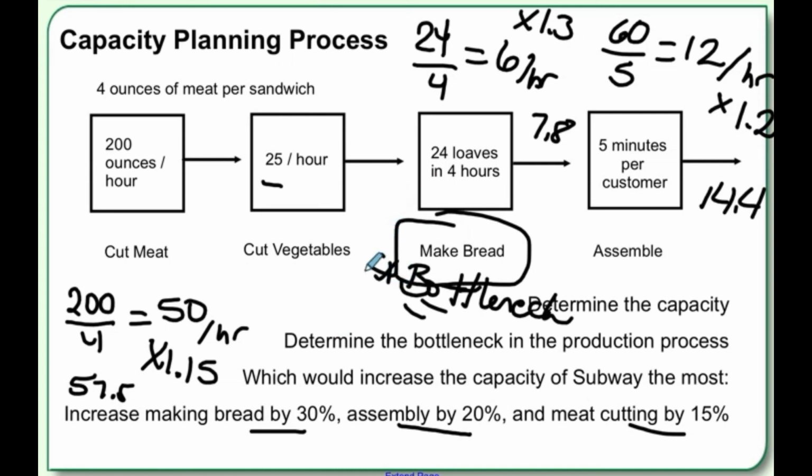If you're not improving or increasing the amount of production through the bottleneck, it's not going to increase your capacity. So if we had the choice between increasing our bread making by 30%, assembly by 20%, or meat cutting by 15%, only the bread making would change our capacity.